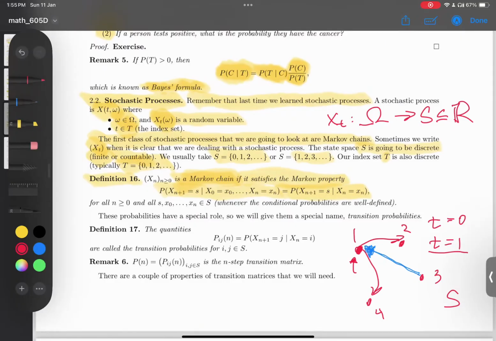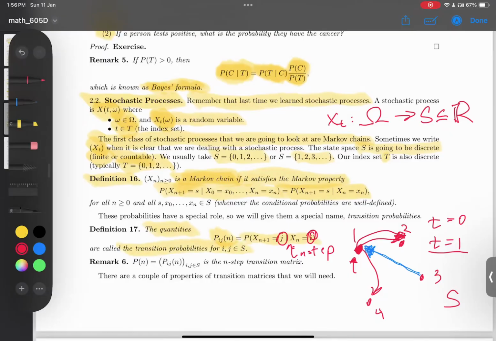So that's why for the Markov chain, you start at some discrete system, you start changing from one state of the system to another state of the system, and the way you make changes doesn't depend on your previous steps. The quantities, when you change your step from state i into state j during your nth step, this is exactly going to be defined as the transition probability for i and j.